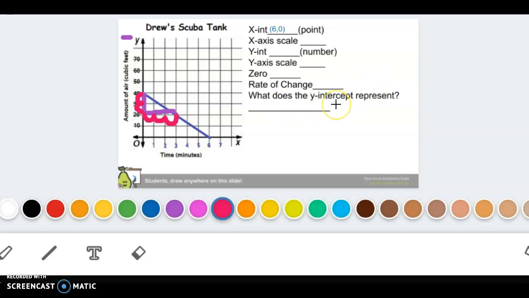And what does the y-intercept represent? I want you to try to explain what this number right here means. If your y-intercept is 0, 40, that means that your x is 0. So that means at 0 minutes, your y is 40.